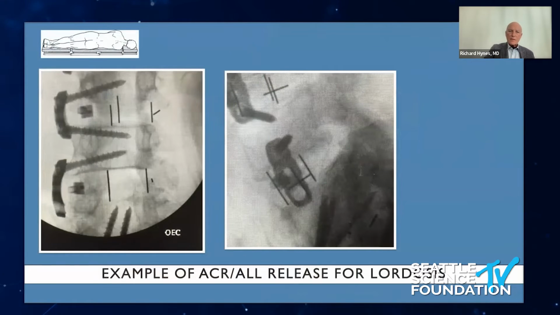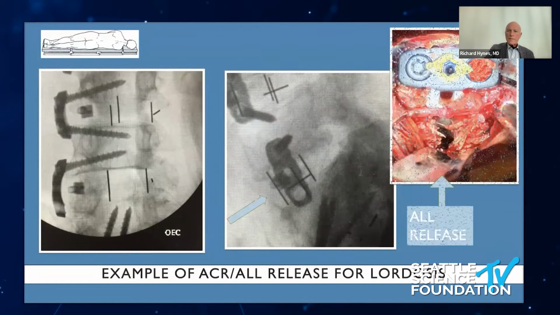And then you see this is another example where you have a single buttress plate with one screw out so that when you go posteriorly, you can actually rotate on that implant and get even more correction. And there's the picture of the anterior release with the implant in place.